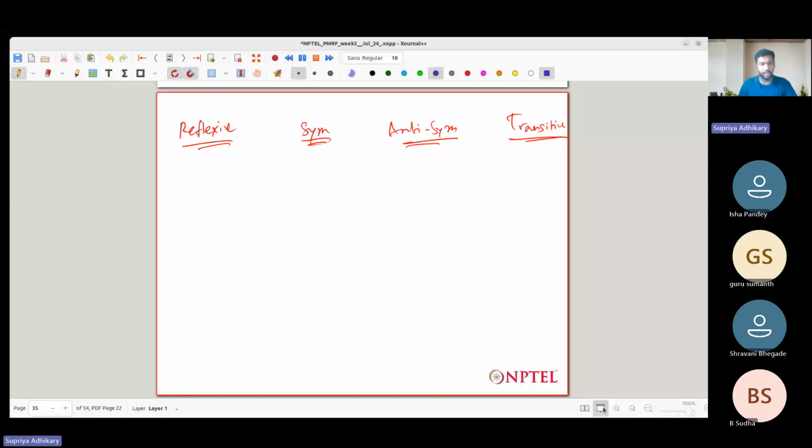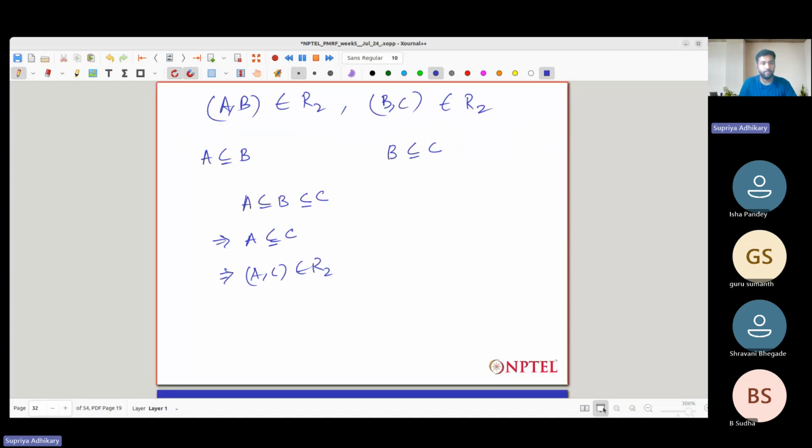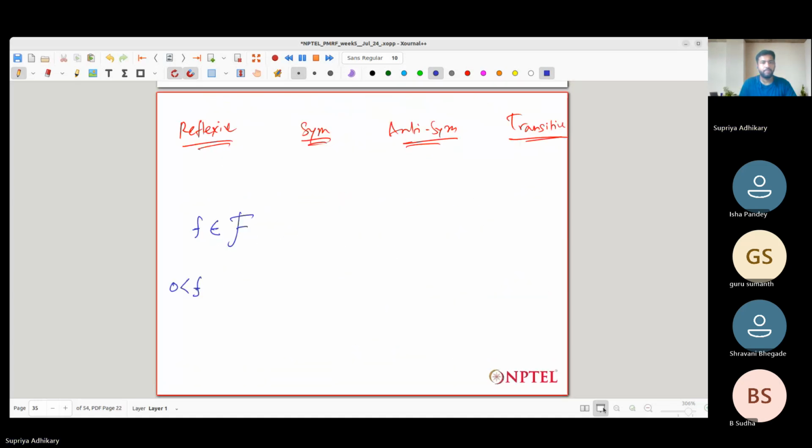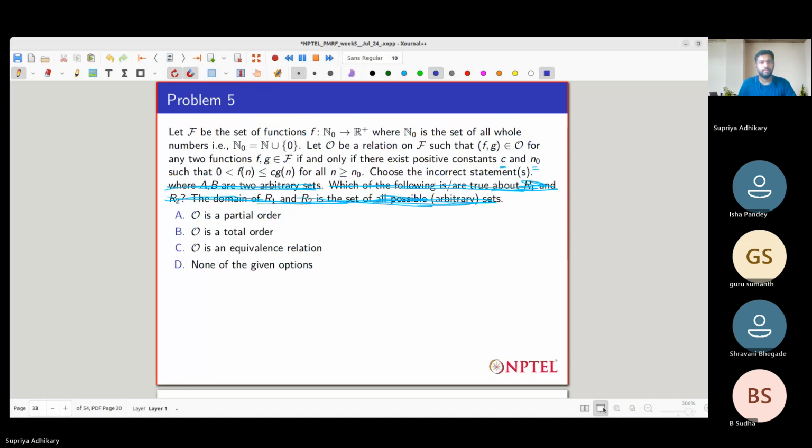Now, if we are given any function in the set of all functions, this is a function from N0 to R plus, and R plus is basically the set of all positive numbers.